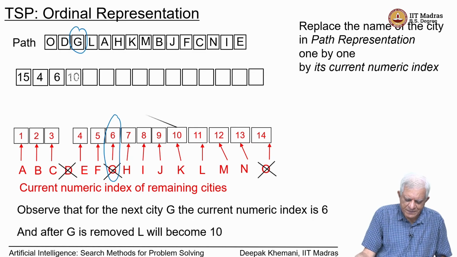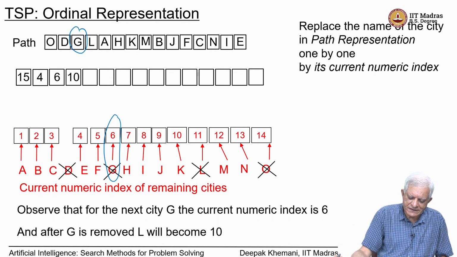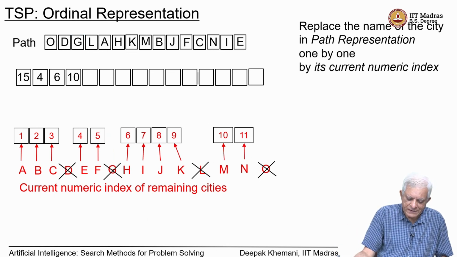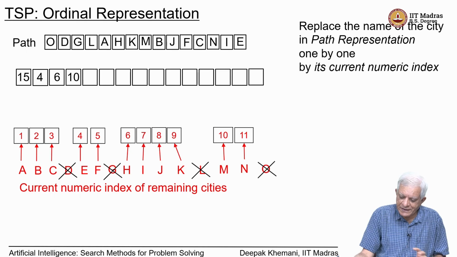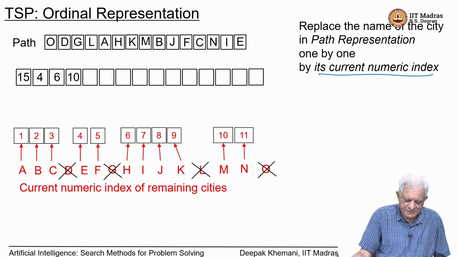So, after that, for example, L was 11 here and it would have become 10 after we had removed that index for G, which I have not shown here, but the process in general continues, and we keep writing the indices of the cities from the remaining index. So, the current numeric index is what is important essentially.